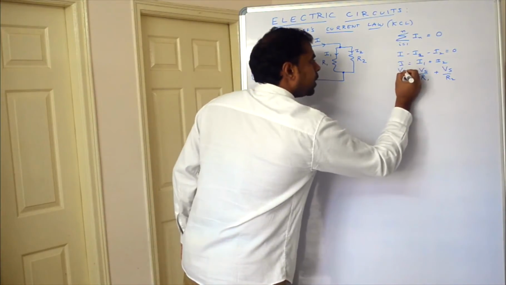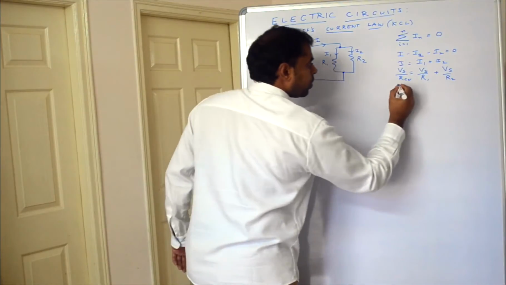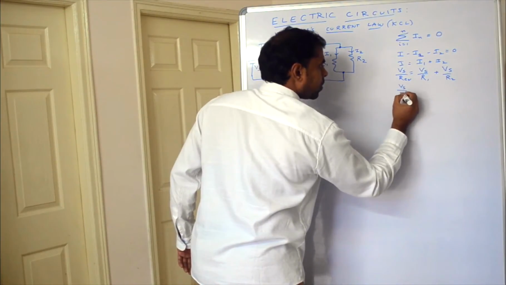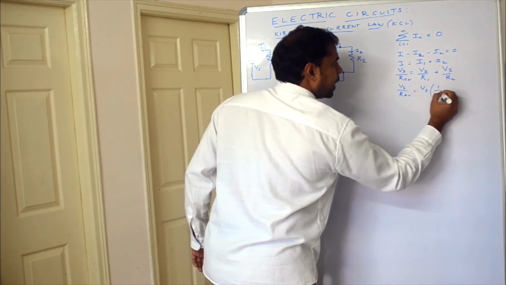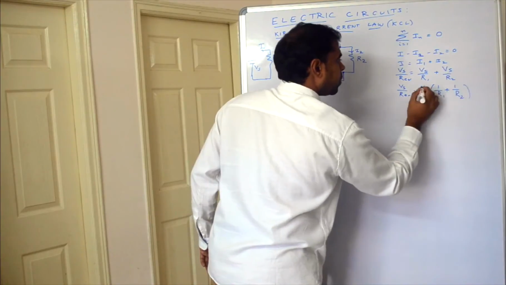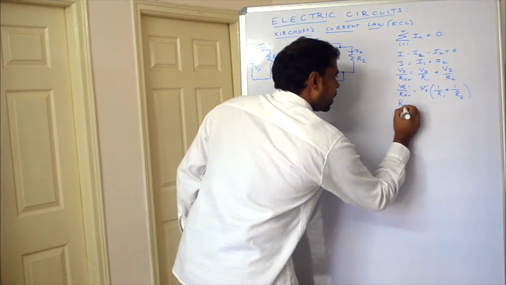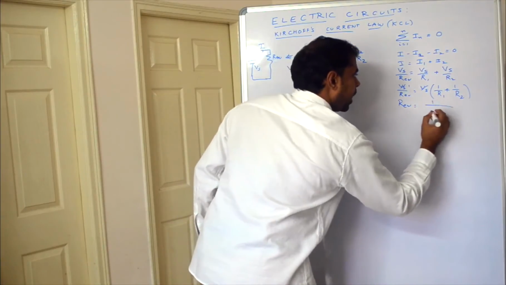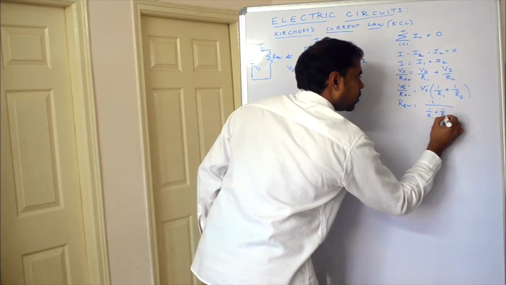If I substitute that one, if I take Vs as common, so 1 by R equivalent is nothing but 1 by R1 plus 1 by R2.